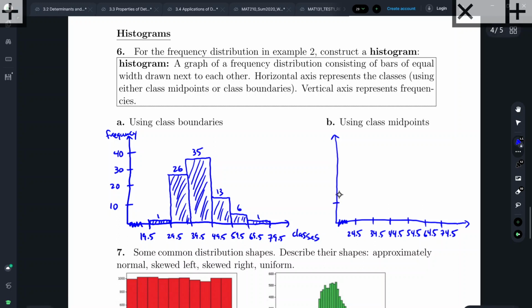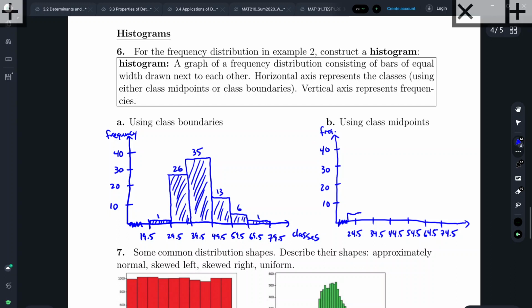So the frequencies are exactly the same, so 10, 20, 30, 40. And because these are the midpoint of each class, we should draw the bar so that the hash mark is in the middle of the bar.